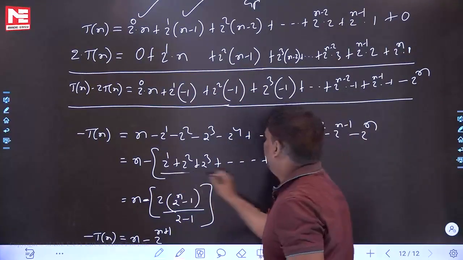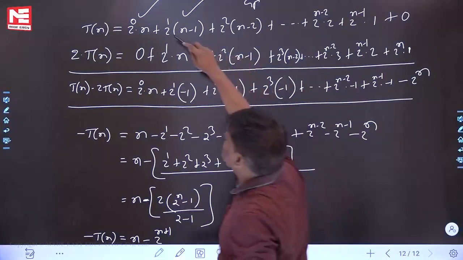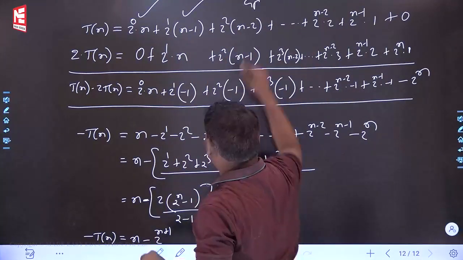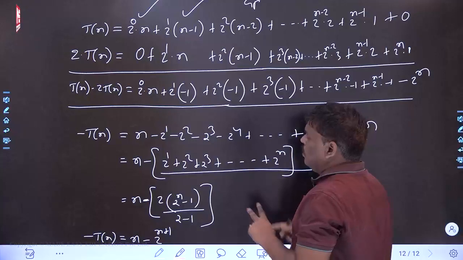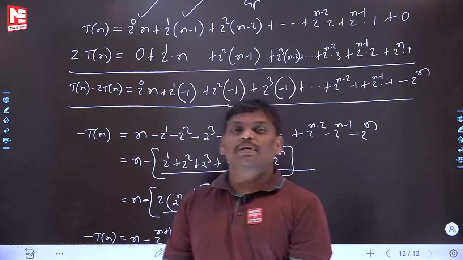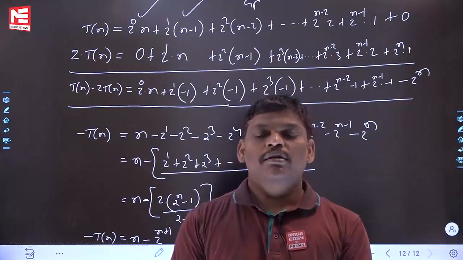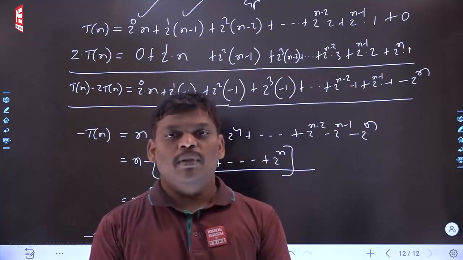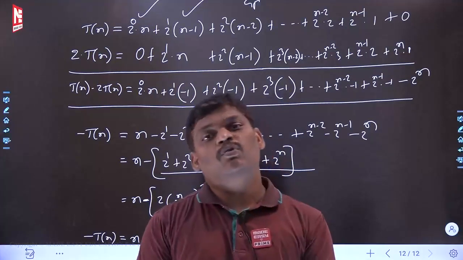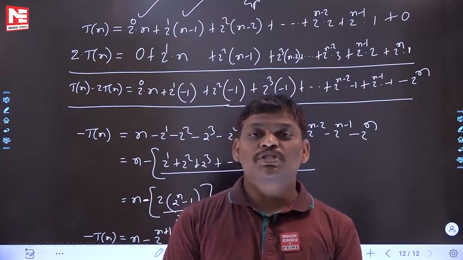Now the GP remains, 2 power 0, 2 power 1, 2 square.